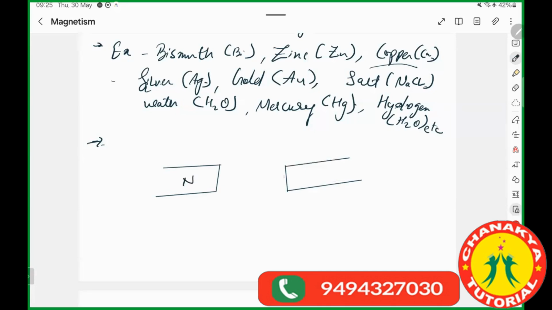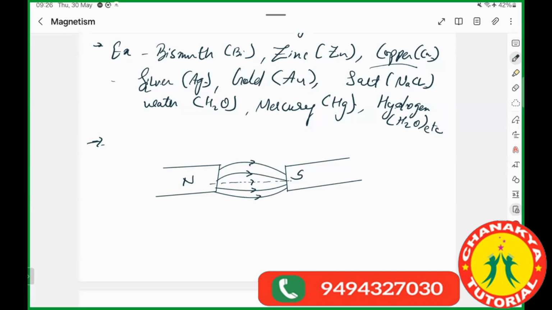If this is north and this is south, obviously north and south will get attracted like this.